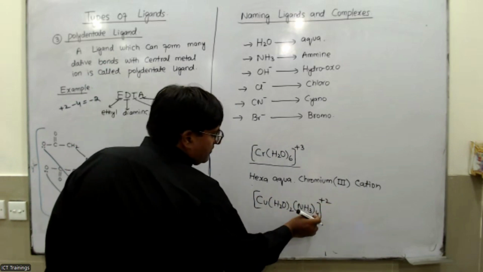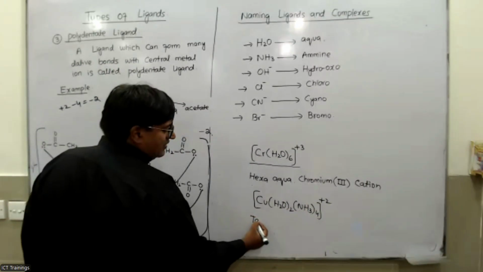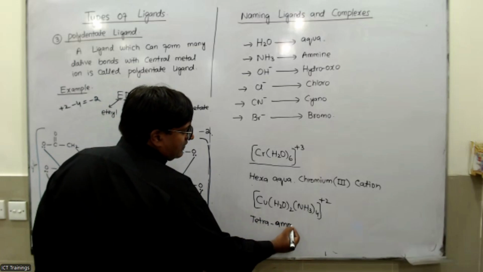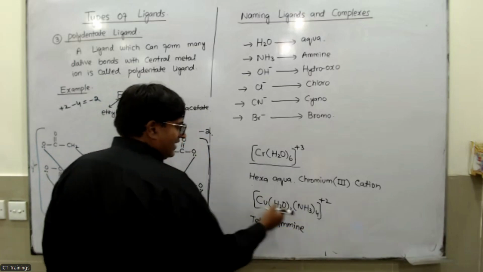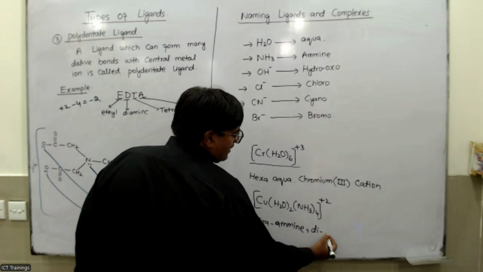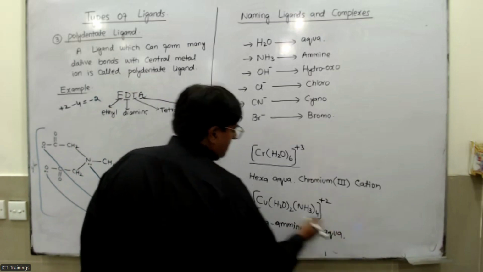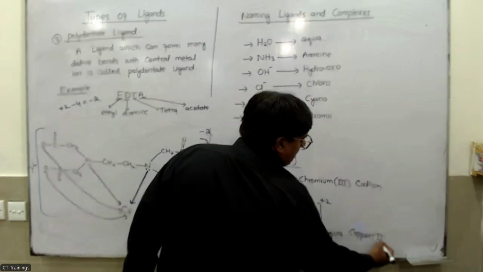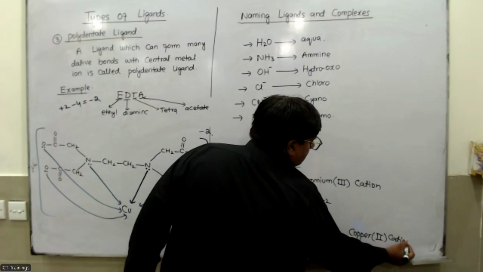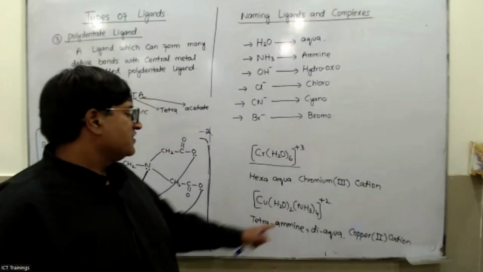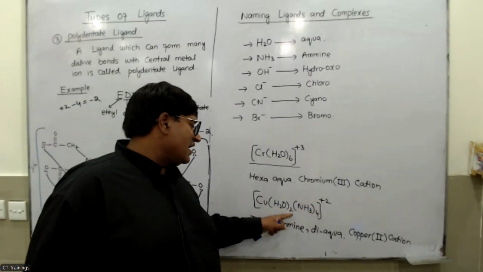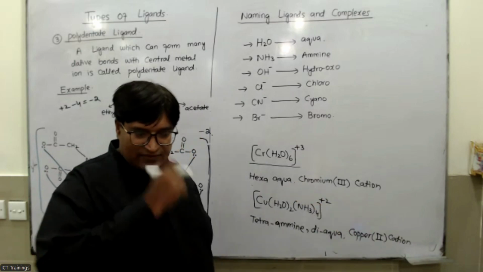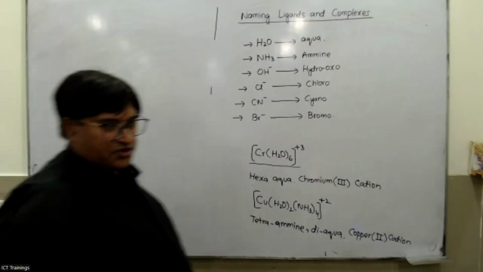You should write from here: this is tetra, and ammonia is called amine, and this is di, aqua, and then copper. And in the bracket, we should write 2 and then cation. So this is tetraaminediaquacopper(2) cation. Everyone got it, guys?